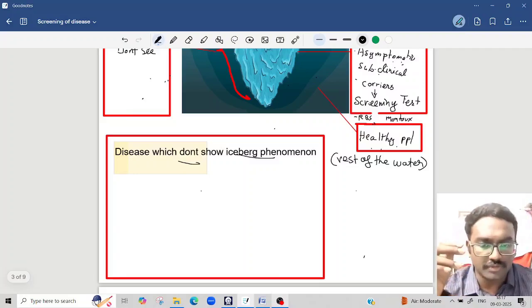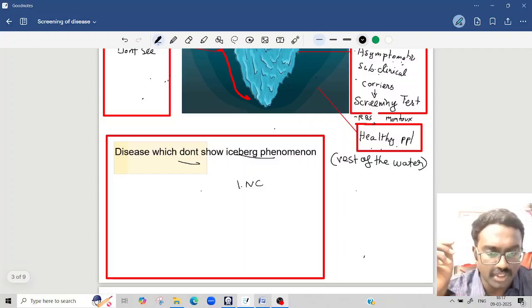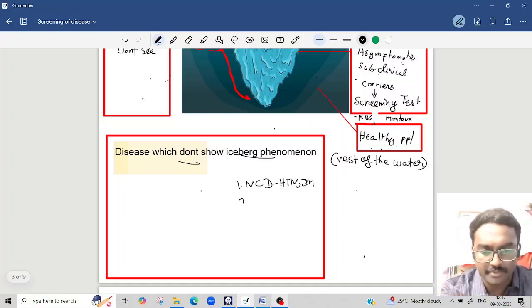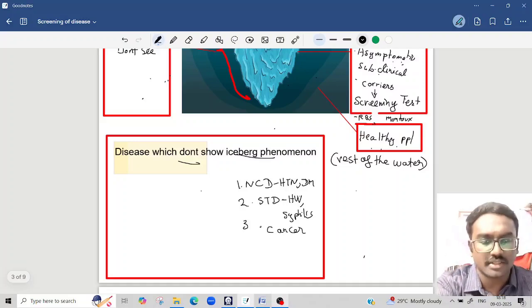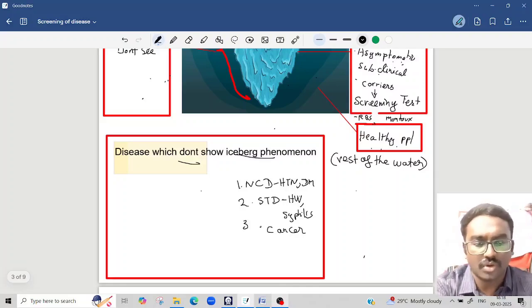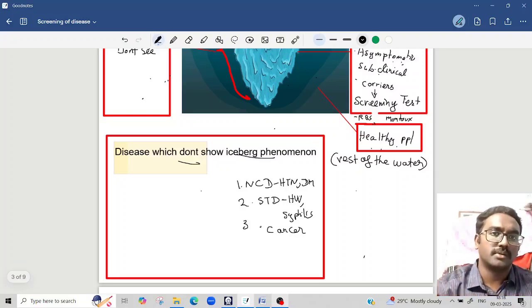So most of our non-communicable diseases like hypertension and diabetes mellitus, our sexually transmitted diseases like HIV and syphilis, and one of the most important, the carcinogens like cancers. All the onco diseases have a large period between their entrance into the body and the point of showing the symptoms.